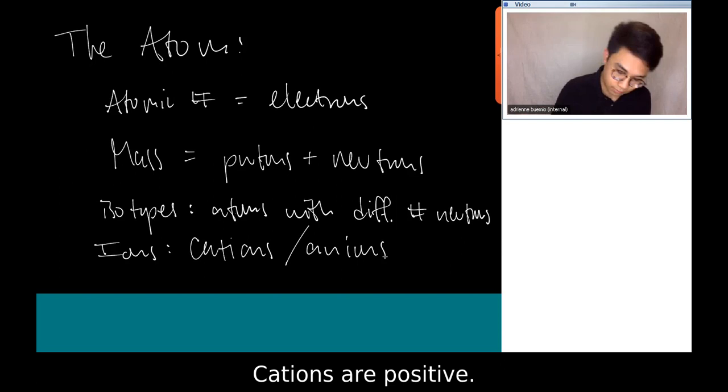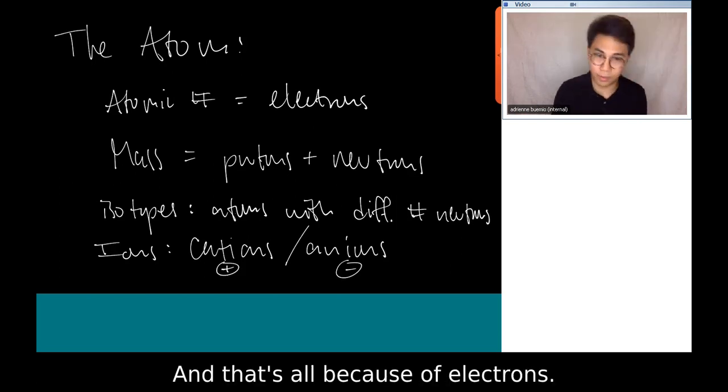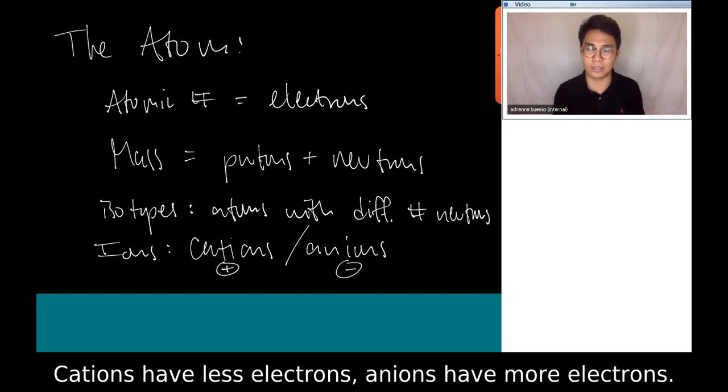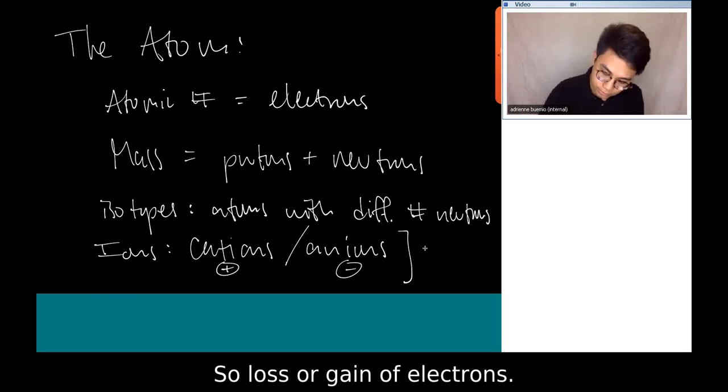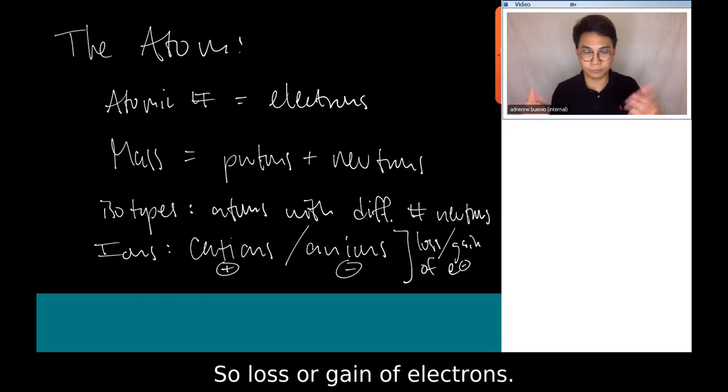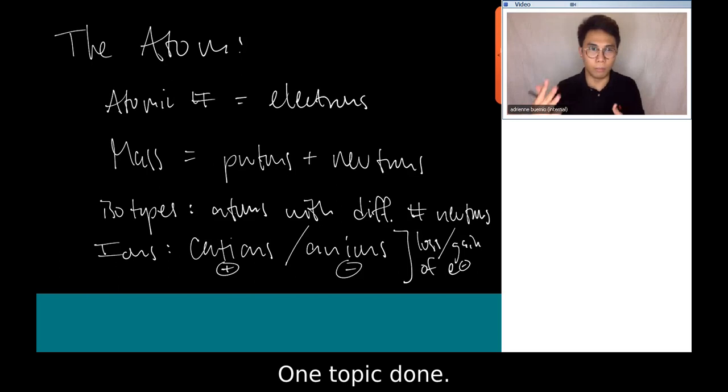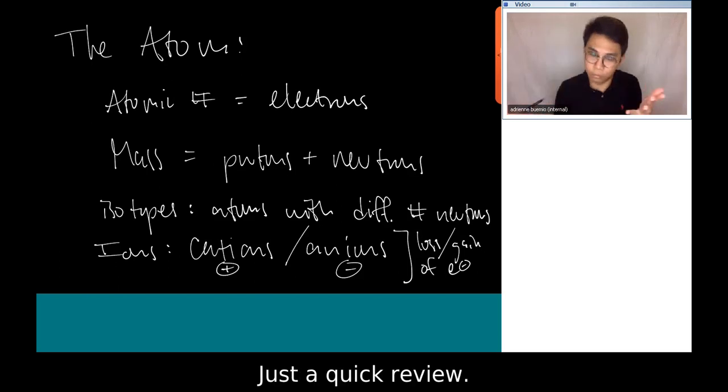Cations are positive, anions are negative, and that's all because of electrons. Cations have fewer electrons, anions have more electrons, so loss or gain of electrons. So boom, one topic done, just a quick review.